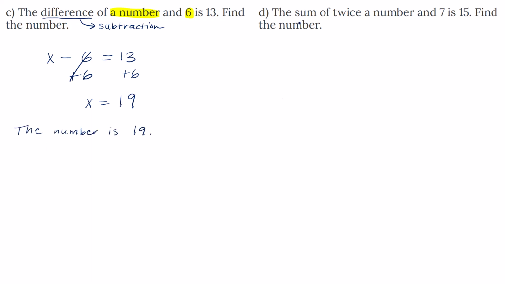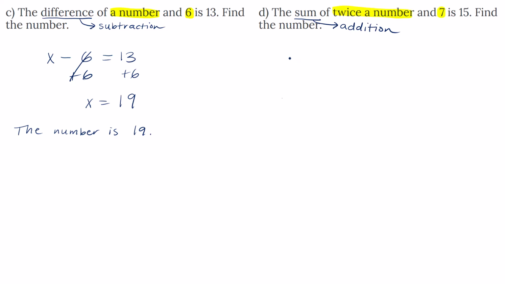The sum of twice a number and 7 is 15. So if we want to write a number statement to represent this, first off, we should note that sum indicates addition. And what we'll be adding for this is twice a number and 7.